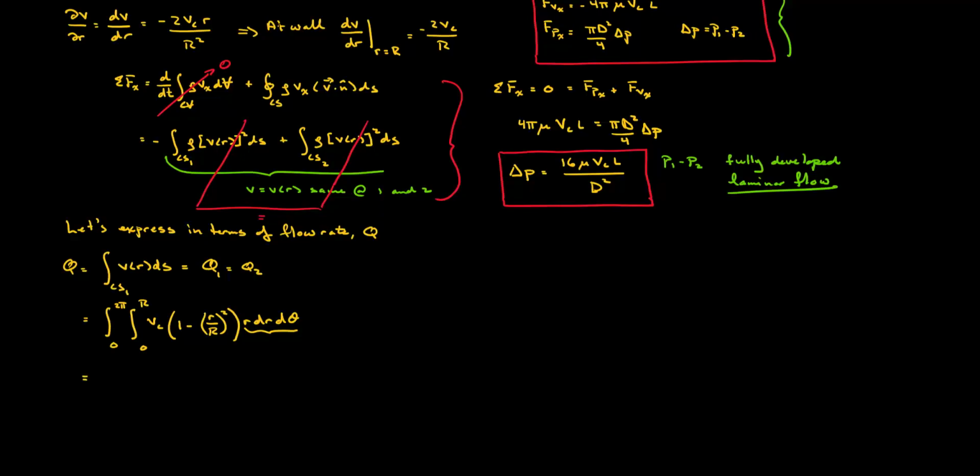Carrying out this integration, we find that Q is equal to 1/2 pi r squared multiplied by the centerline velocity. So the centerline velocity is equal to 2 multiplied by the volumetric flow rate divided by pi r squared.